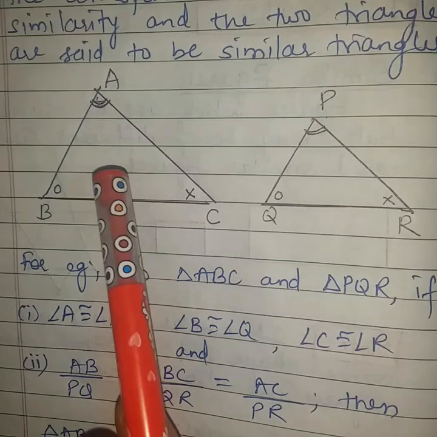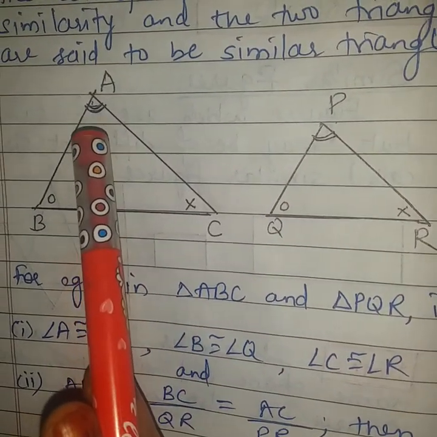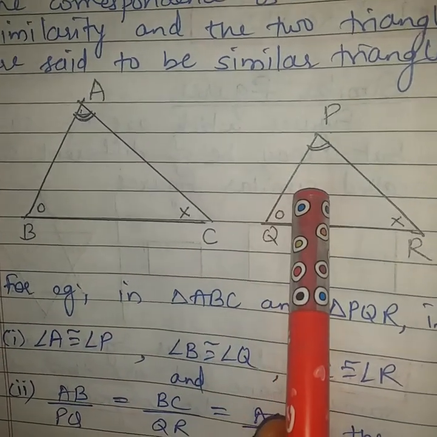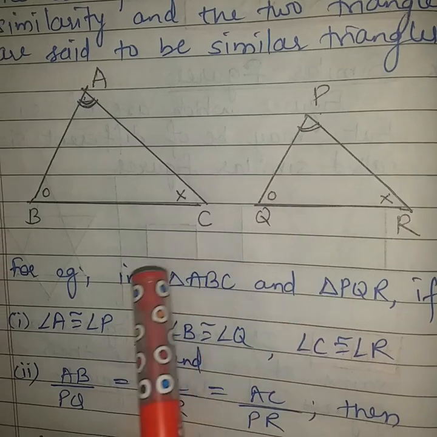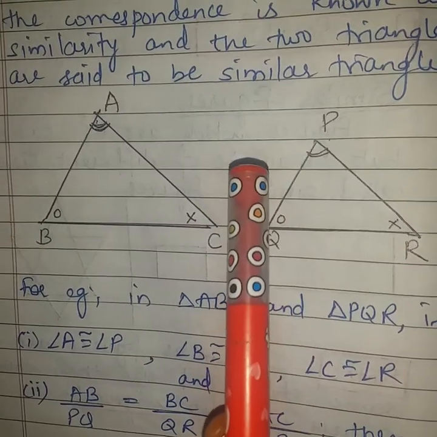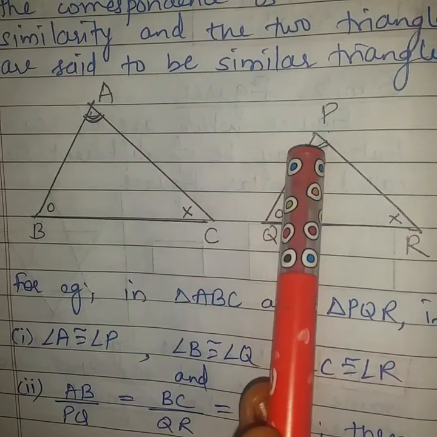Let us try to understand these 2 points via diagram. You all can see two triangles over here. The first one is triangle ABC and the second one is triangle PQR. In triangle ABC and triangle PQR, the first condition says that the corresponding angles should be congruent. You can see the identical marks over here.